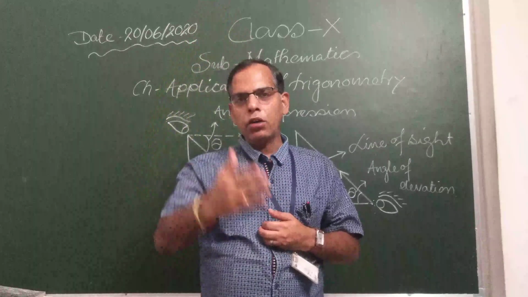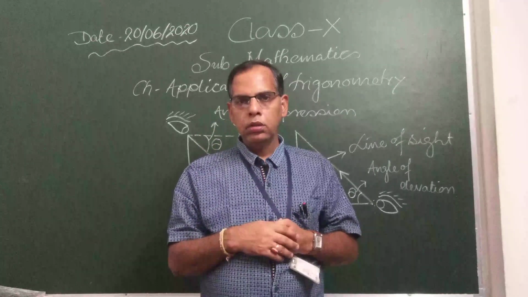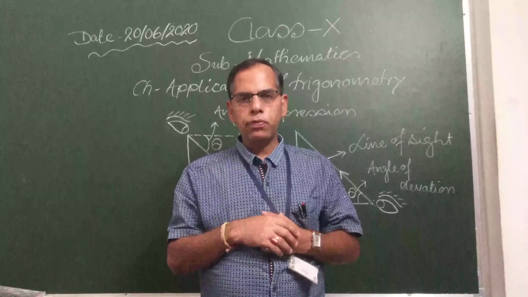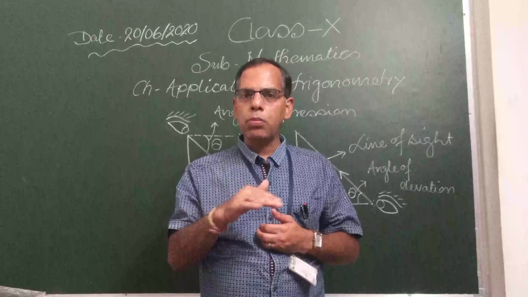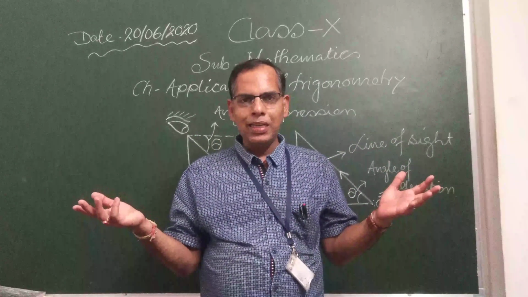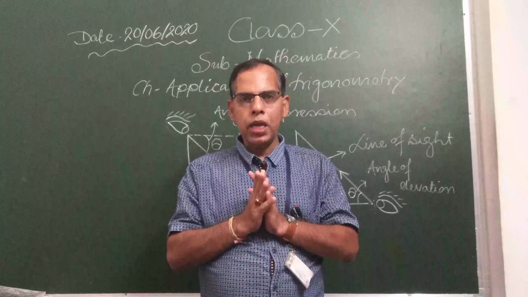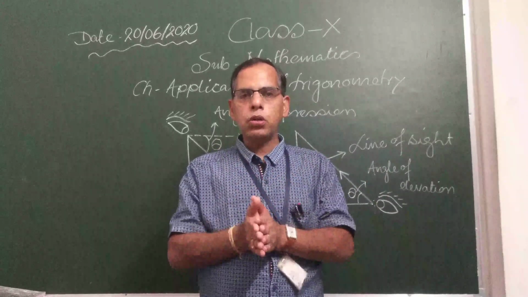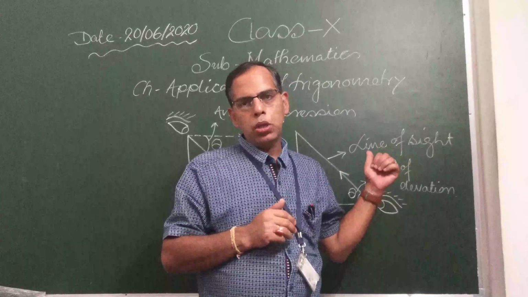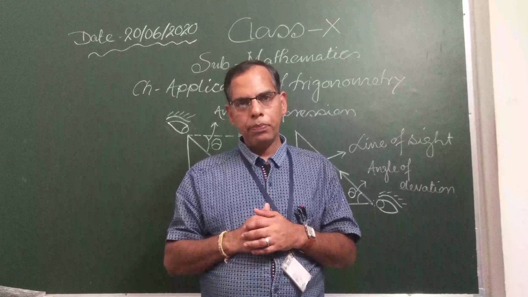To measure the height of a tower, suppose installing a big tower, that is an application of trigonometry. And the short-term objective is that, as of now, you are neither an engineer nor a scientist. Your basic focus is how to solve questions related to how the angle of depression and angle of elevation are found. Okay?